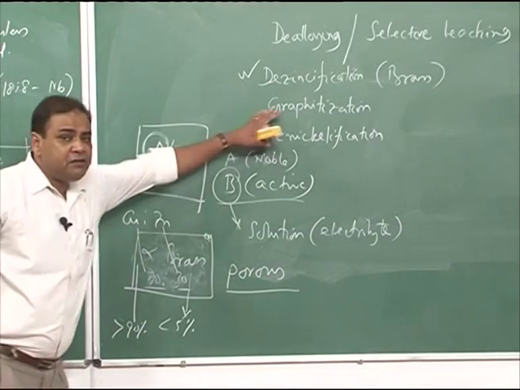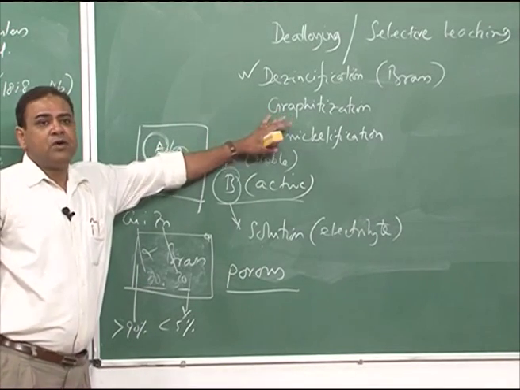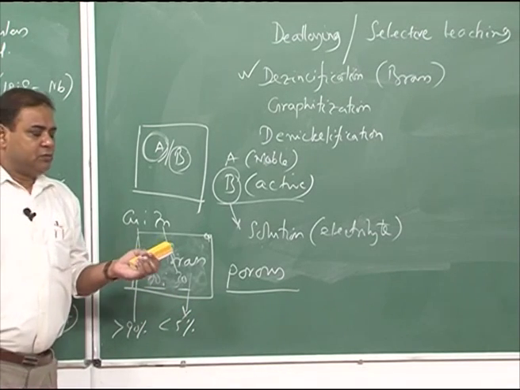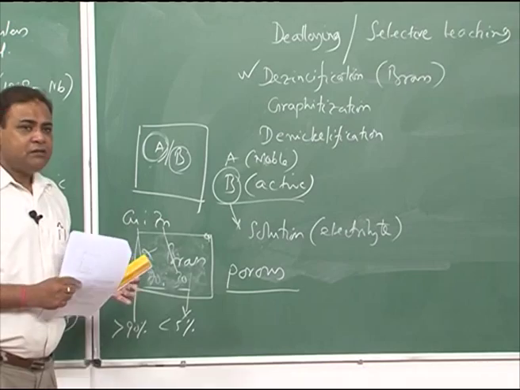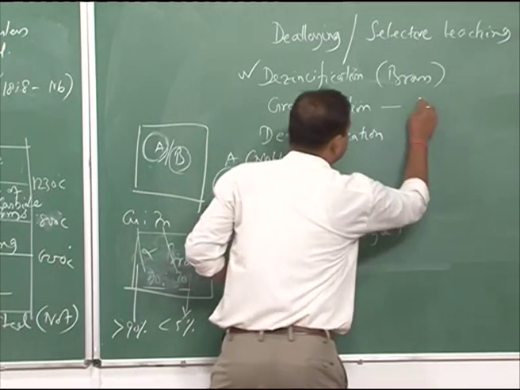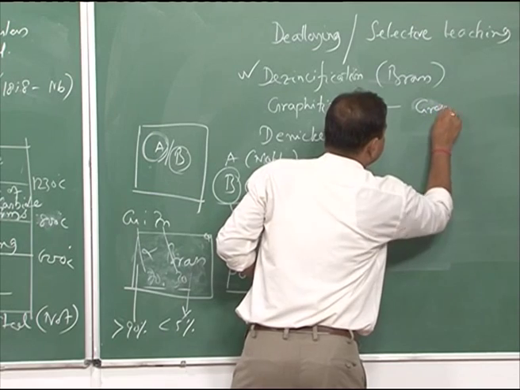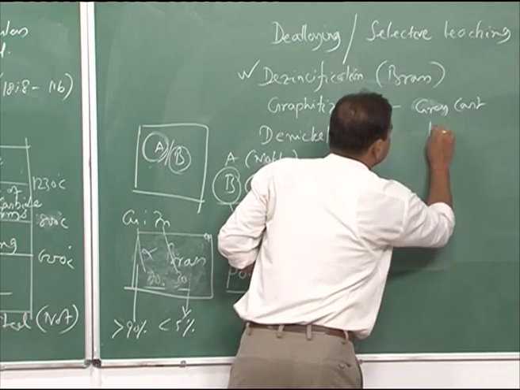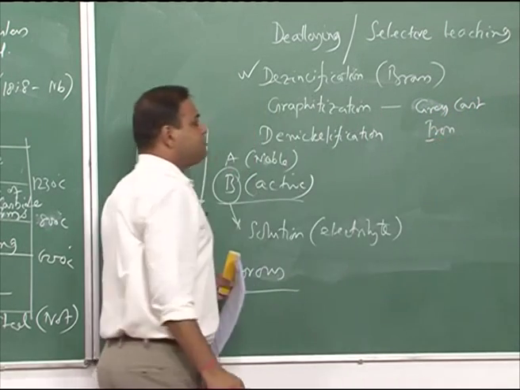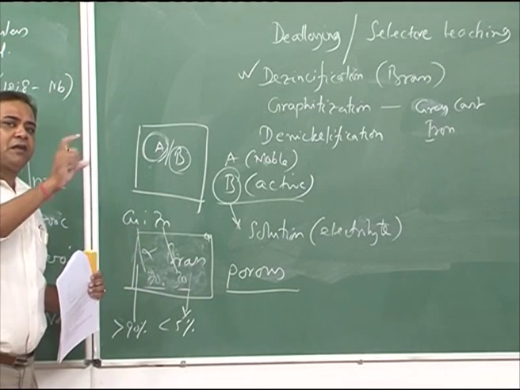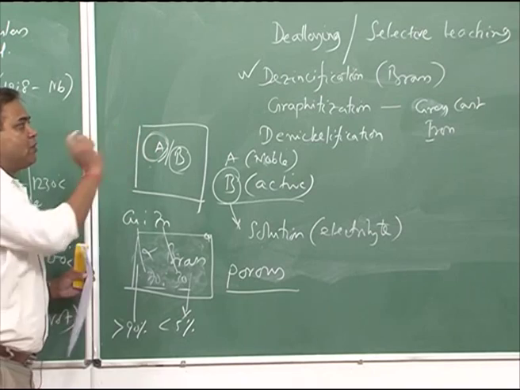And graphitization is another phenomenon which can happen in case of grey cast iron, where iron dissolves, leaving the graphite flakes in the body of the grey cast iron.